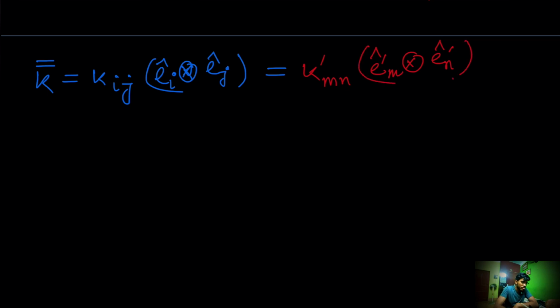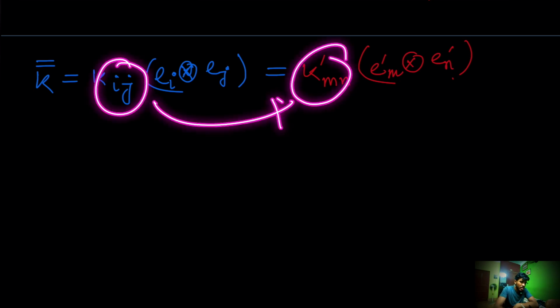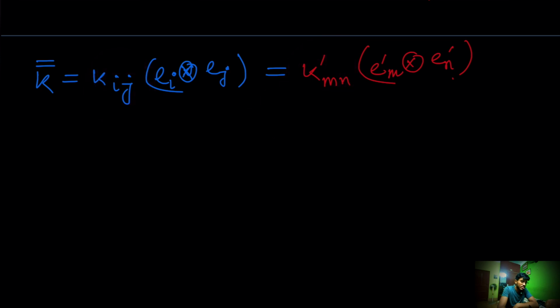Again, for the sake of simplicity and brevity in writing, I am omitting this cap sign. Now I have to again do the same thing, that is, I have to find a correlation between this and this. So let us just write that thing.